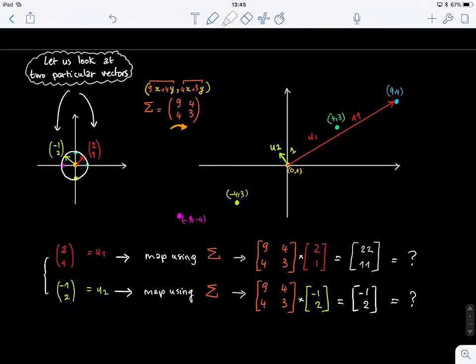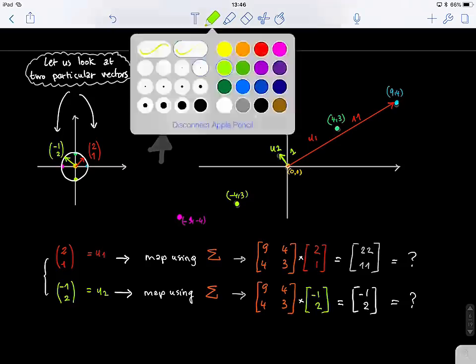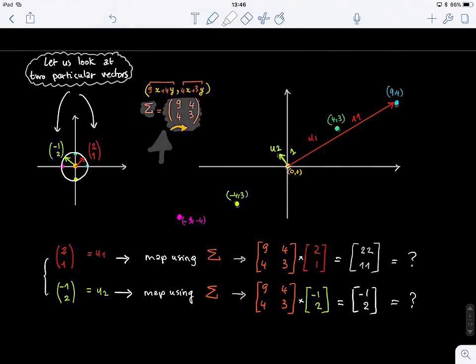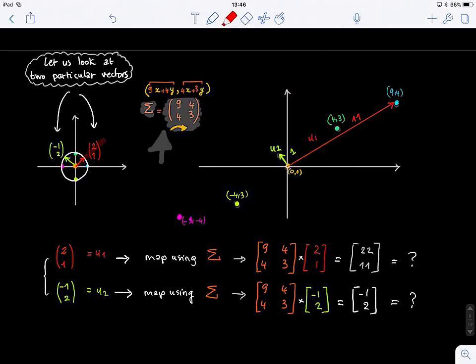This is the reason. When we use the covariance matrix of the data X to map different points, different vectors, we notice something very particular. Remember, we're looking for the directionality of the projection, right? We notice that for some particular directions, like these ones, when we map them, the direction remains the same.